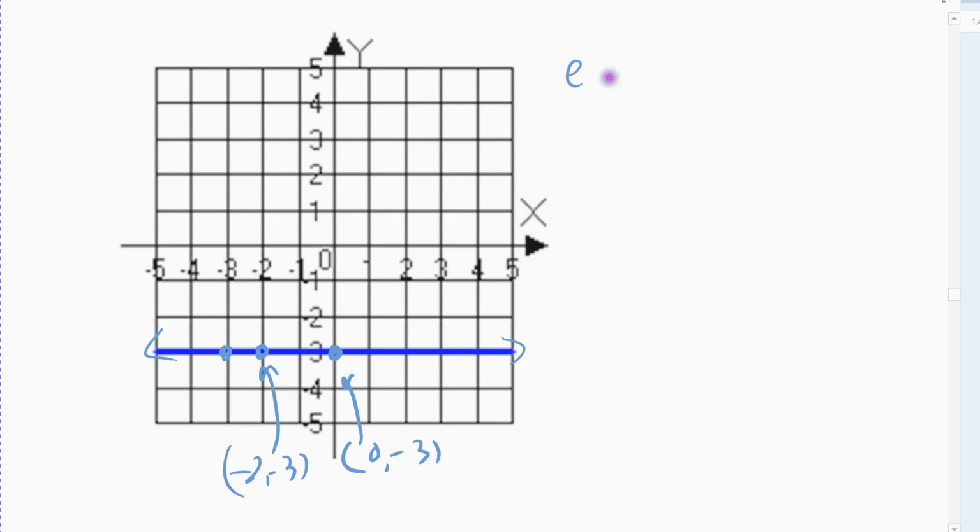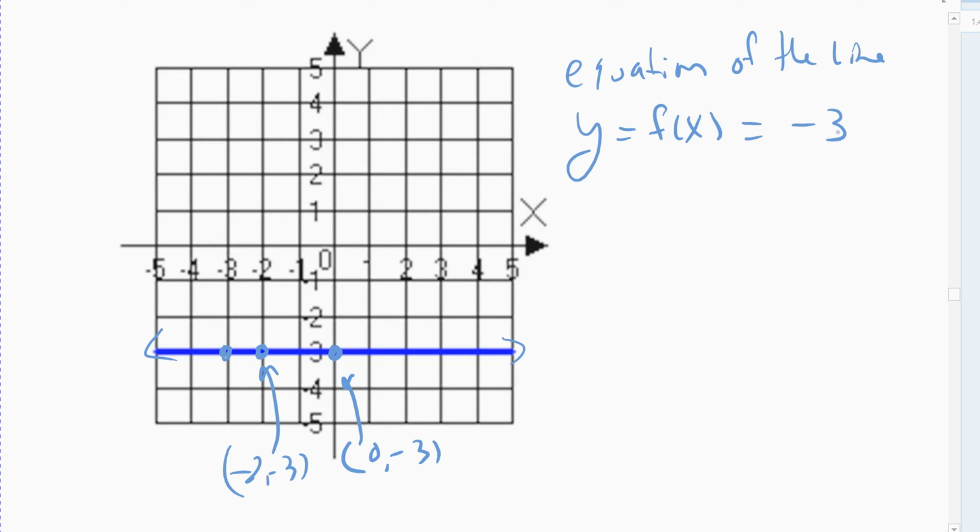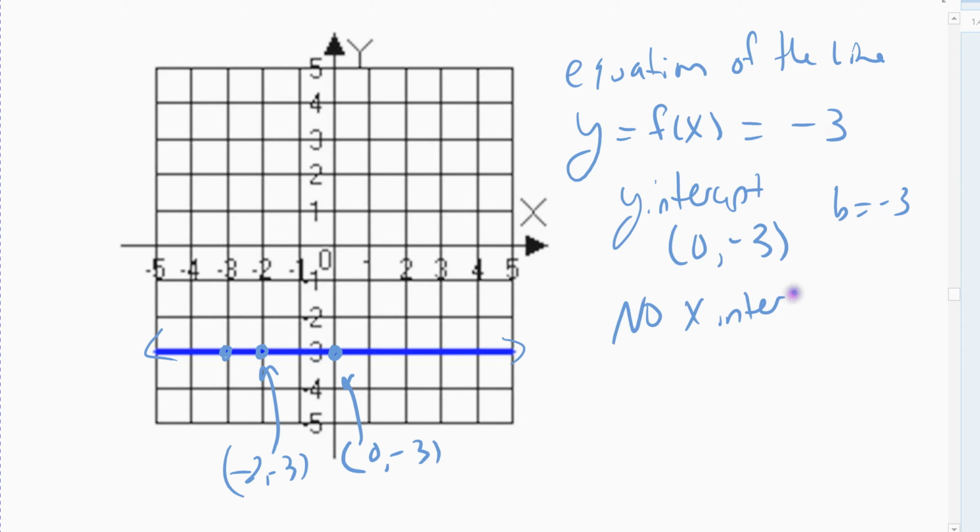And so that means the equation of the line is y equals, or my function equals, negative 3. It's the constant function. Negative 3 is always coming out. Means my y-intercept is 0, negative 3, right? B is negative 3. There is no x-intercept. It doesn't exist. No 0.